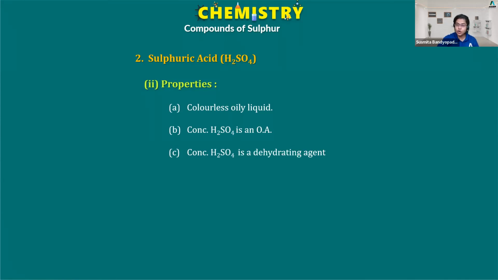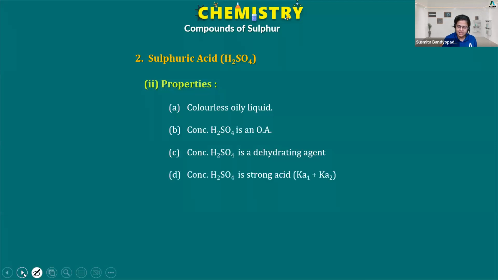Name a reaction in organic chemistry where concentrated H2SO4 acts as a dehydrating agent. Alcohol to alkene, agreed. Esterification? That was the thing in my mind because of which I asked the question. Yes, very good.